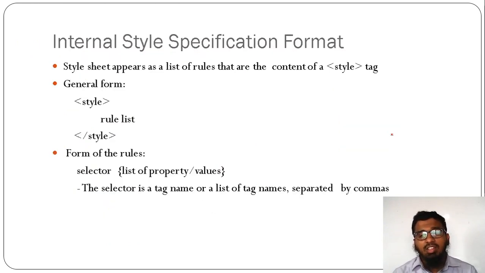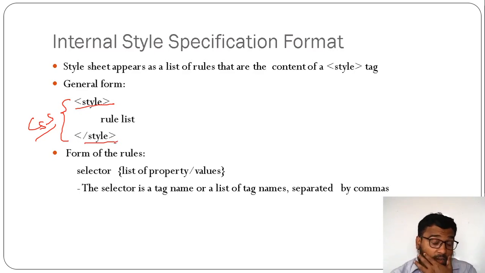Next, internal style specific format. What is the format? Simply CSS. You have to write it in the style tag, and this style tag should be in the head tag. Okay, should be in the head tag.